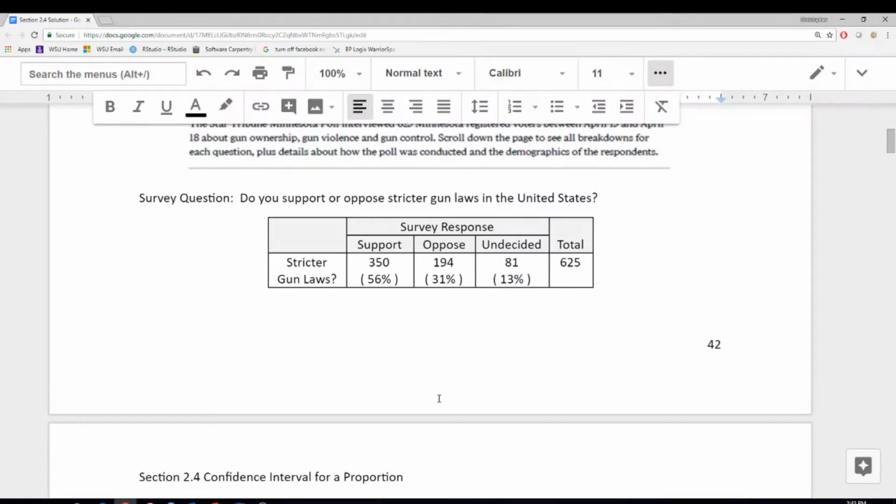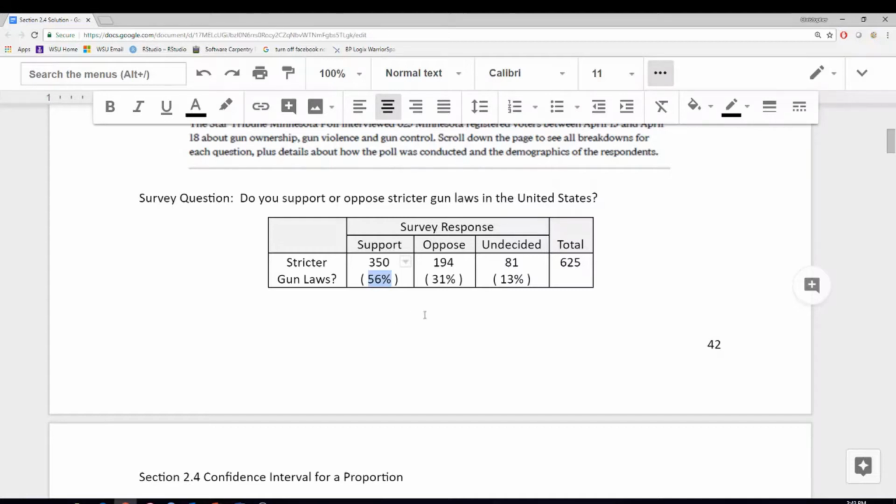If we look at the data that was presented, there were 350 out of the 625 people that supported stricter gun laws. This 56%, which is the quantity that we're going to use in computing the margin of error, was obtained by taking 350 and dividing by 625.